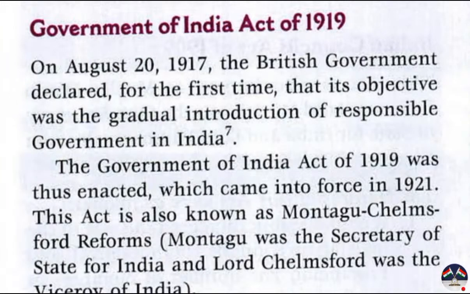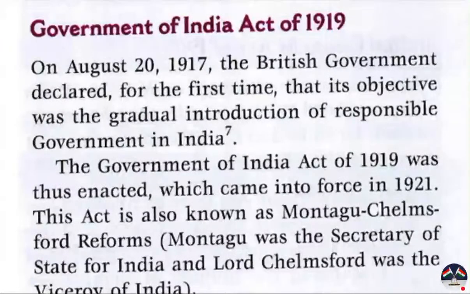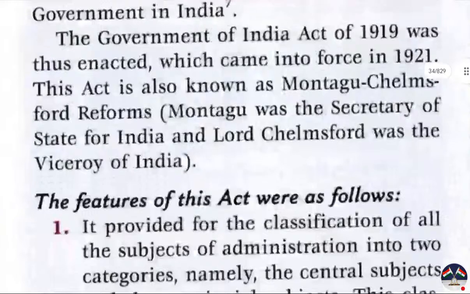And now we'll discuss the Government of India Act of 1919. On August 20, 1917, the British government declared for the first time that its objective was the gradual introduction of responsible government in India.